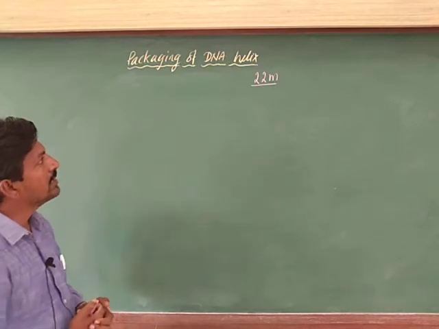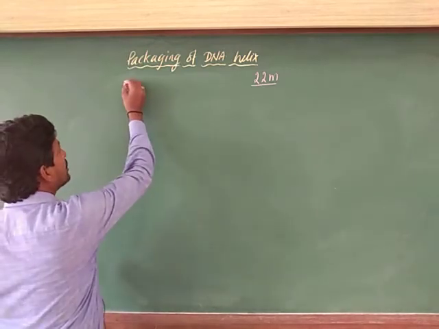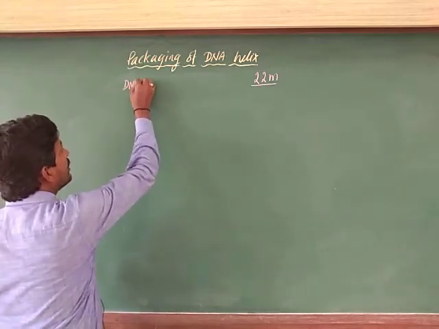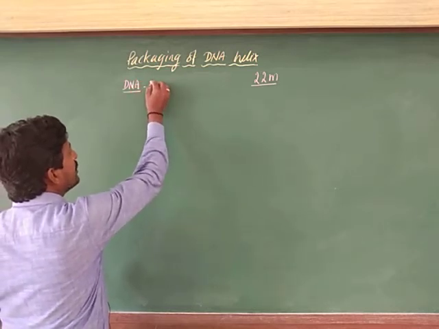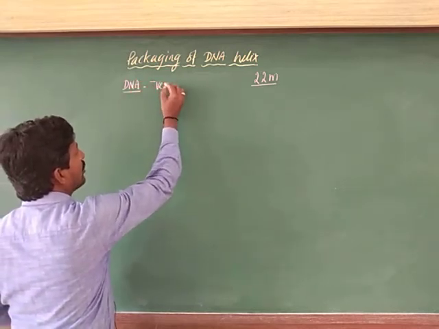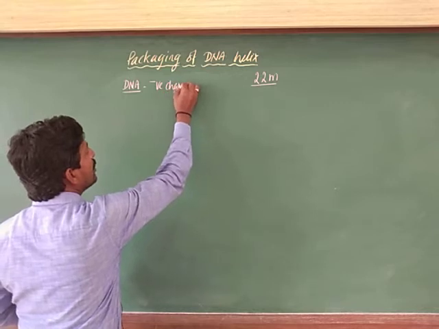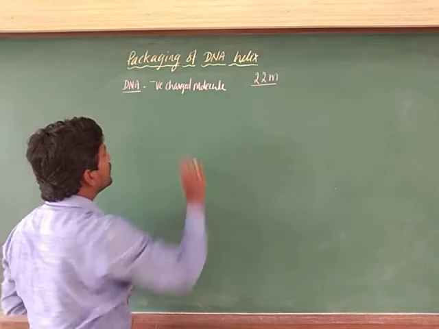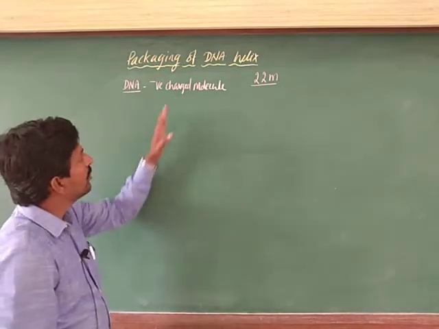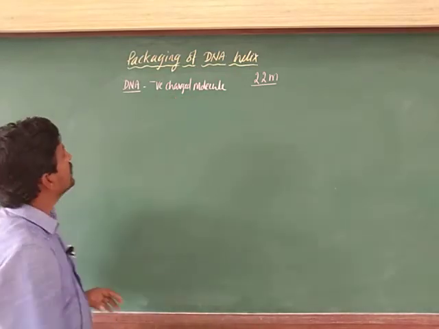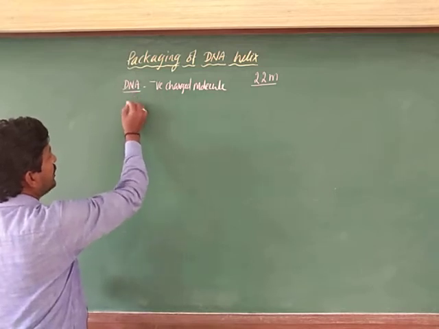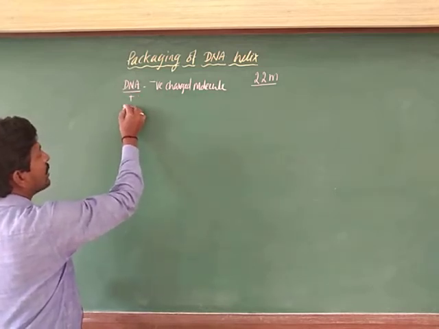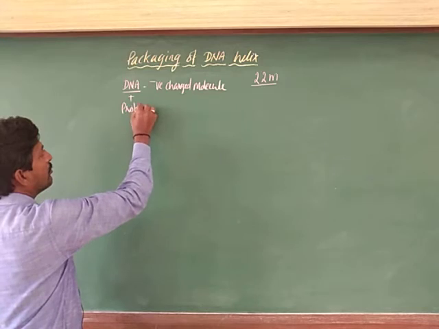As you know, double stranded DNA is a negatively charged molecule. So it is not there alone. Actually there is DNA plus one more thing here, protein.